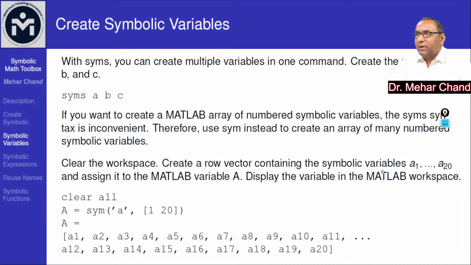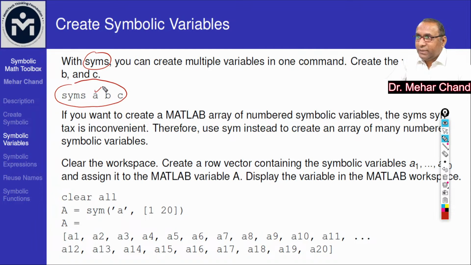See here. We are using here the syms function, and by using this syms function, we can create multiple variables in one command. As you can see here, we are using syms, and here are a, b and c.